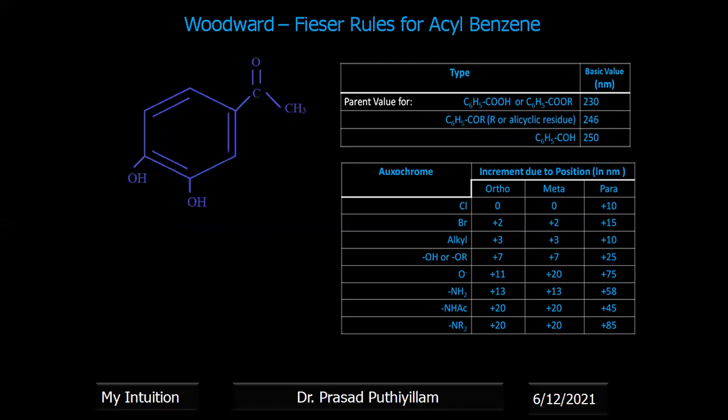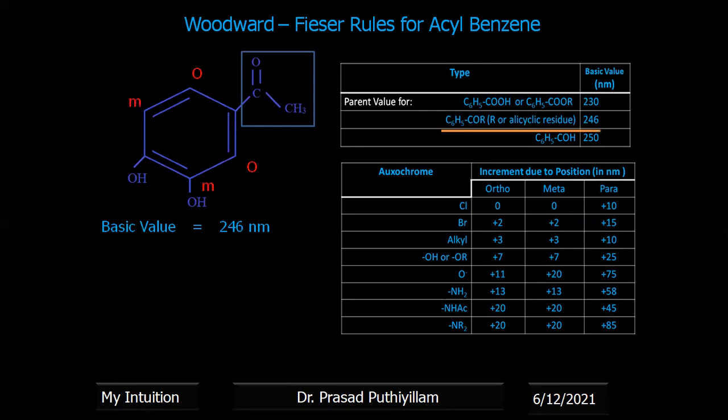Now, the same type of example, but instead of chlorine we have a hydroxyl functional group present at the para position as well as the meta position. So the base value is 246, then the ortho position, meta position, para position.